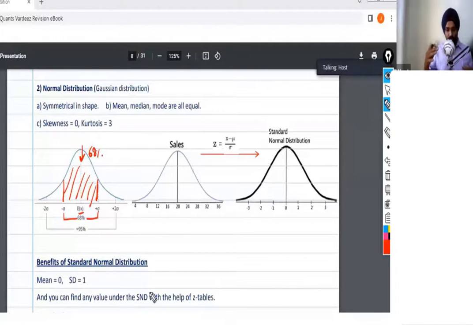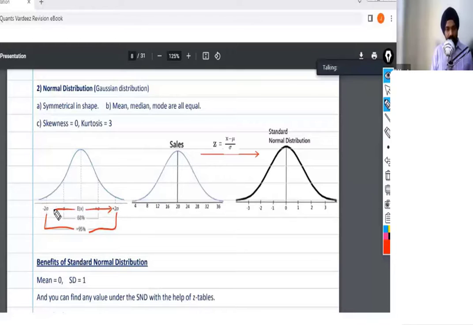So if I'm doing research, I can say that yes, 68% of the data is within one standard deviation from the mean. So I can conclude certain things. Moreover, I can say that within 2 standard deviations away from the mean, I have almost 95% of my data values. That's also a good thing.